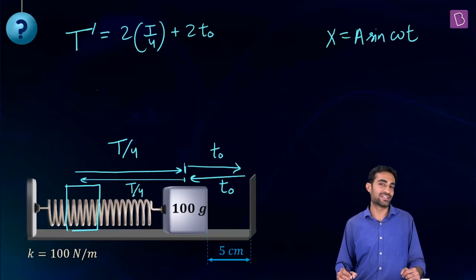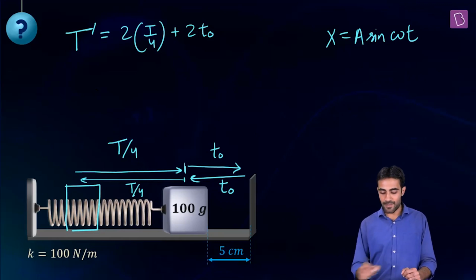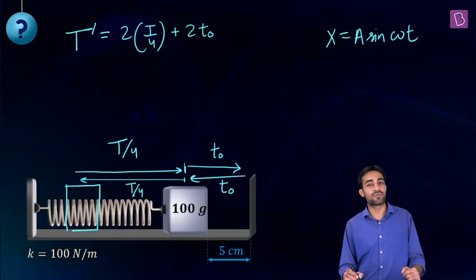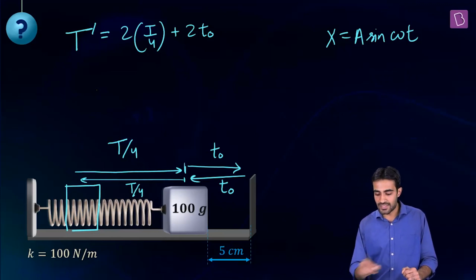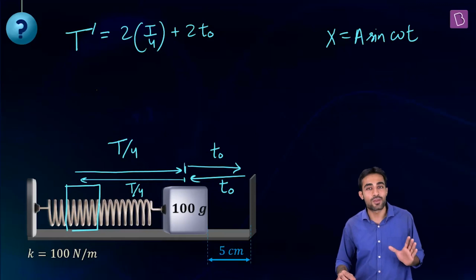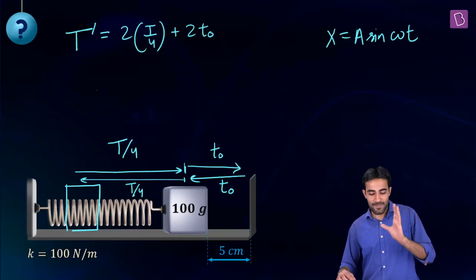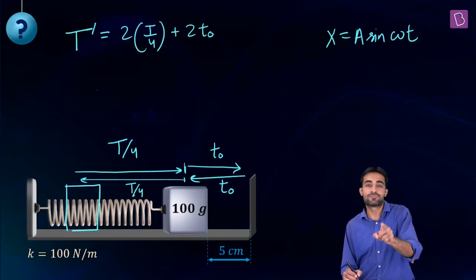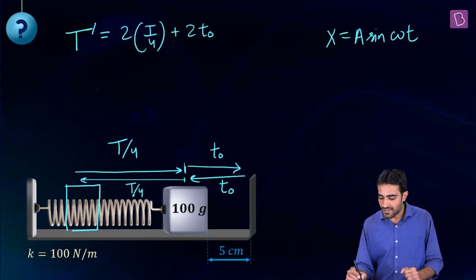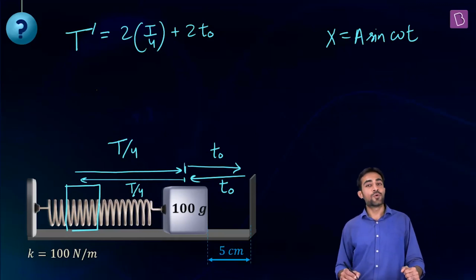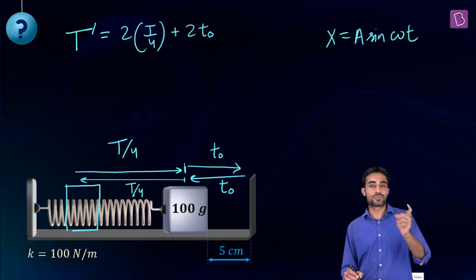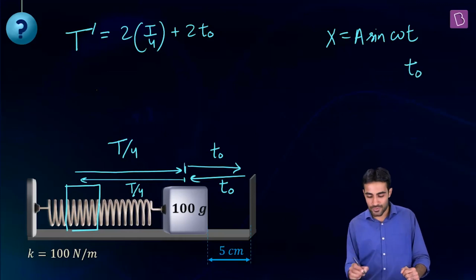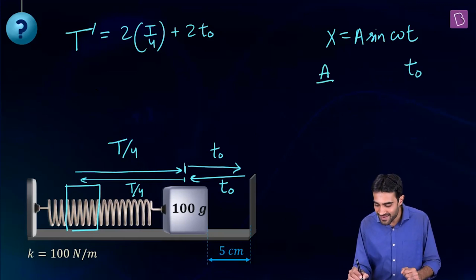So when we see the particle at mean position at t equals 0, we can write this equation of SHM. But this is the equation when we don't have any wall. We have to find the time from the mean position to the wall. At the mean position, x equals 0 when t equals 0. When t equals t naught, x is a by 2.